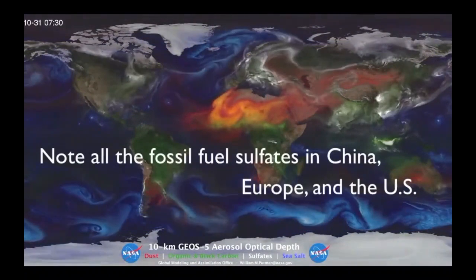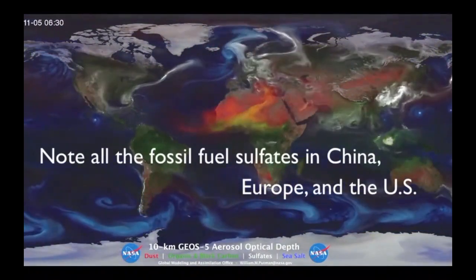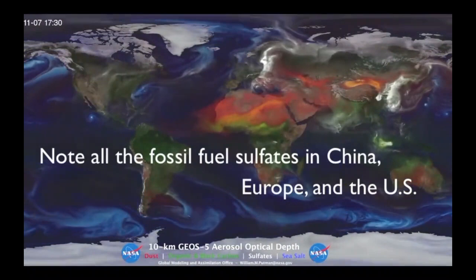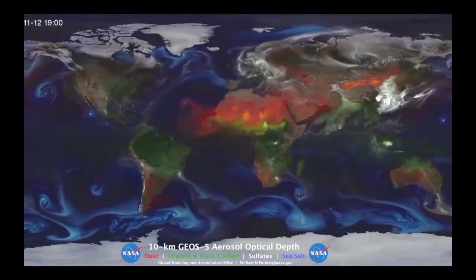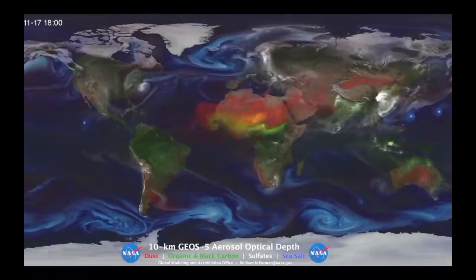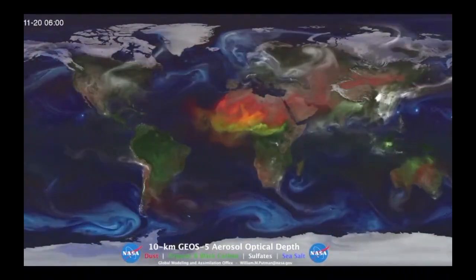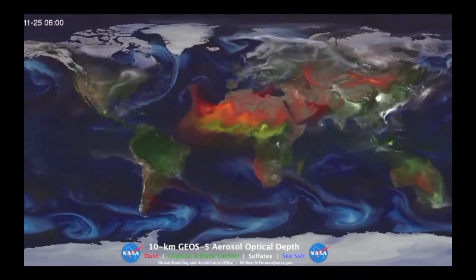So you've got China, Europe and the US there with the fossil fuel sulfates. And you'll also see fossil fuel sulfates emitted when volcanoes erupt, and there's an erupting volcano later on in the simulation over Madagascar.